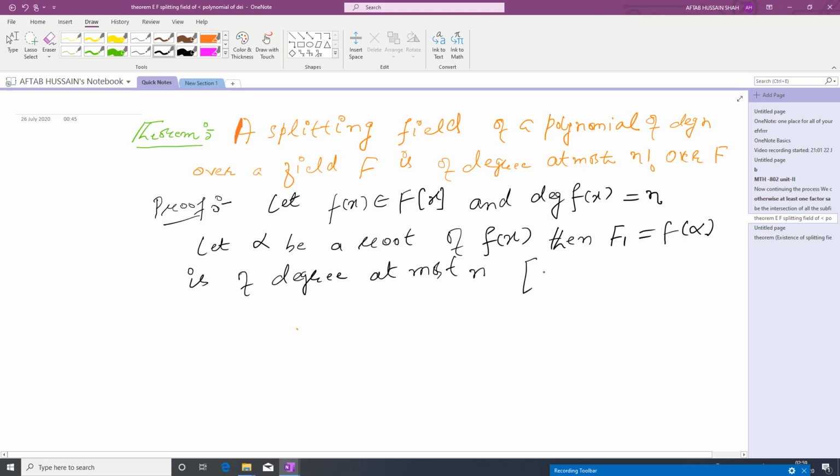I mean to say that the degree of this F1, which is F(alpha) over F, is less than or equal to n.